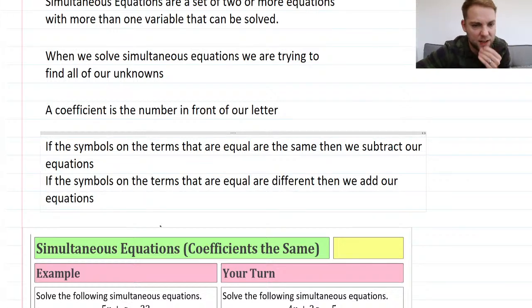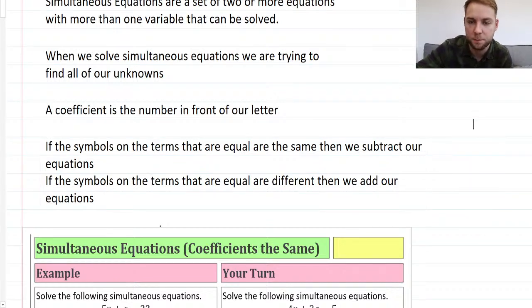Now this part here is probably the most important one, so I'm just going to put a square around this one because this one is really important, and I'm going to highlight two parts of this. So if the symbols on the terms that are equal are the same, then we subtract.